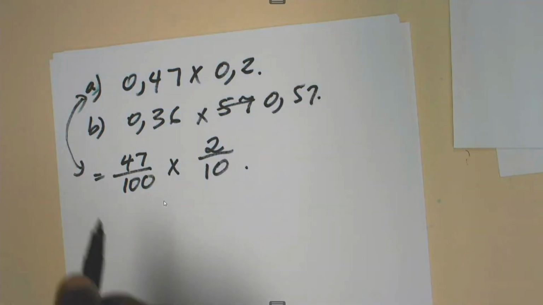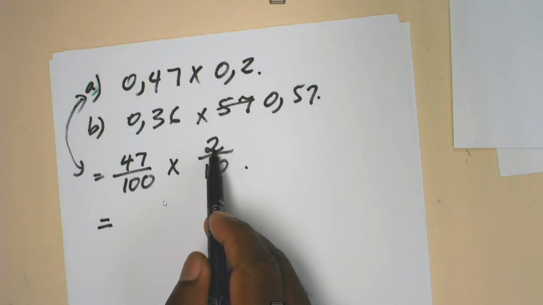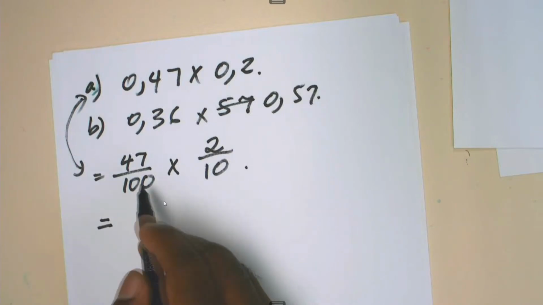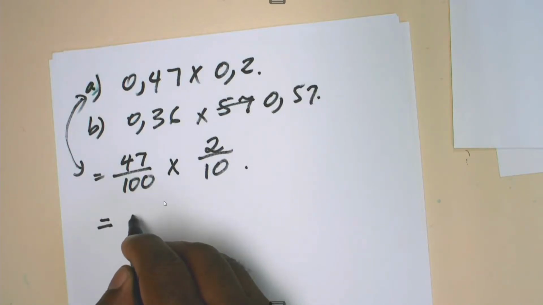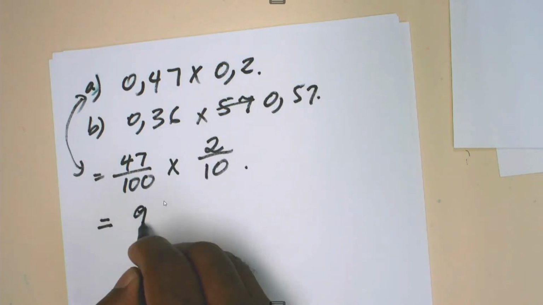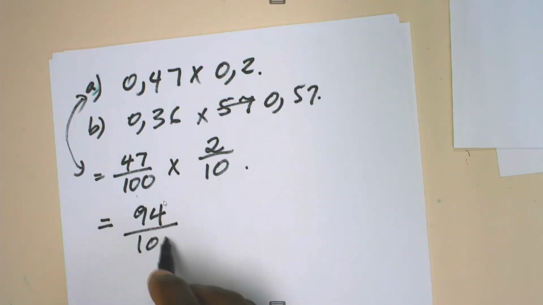And then is equal to 47, numerator multiplied by numerator will give us 47 doubled. It is 94. And then 100 by 10, it will be 1,000.